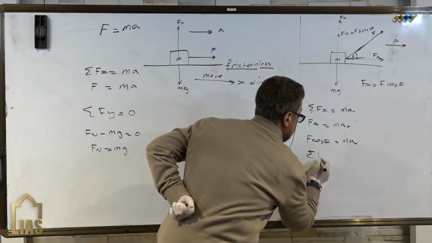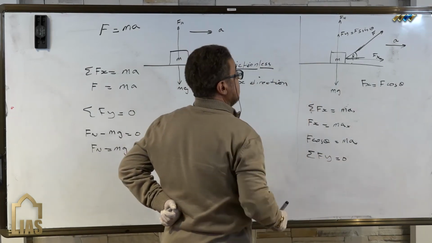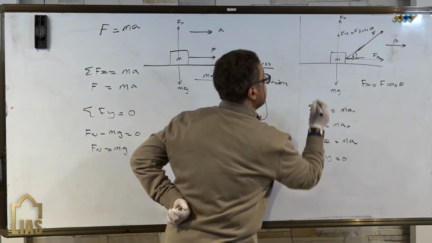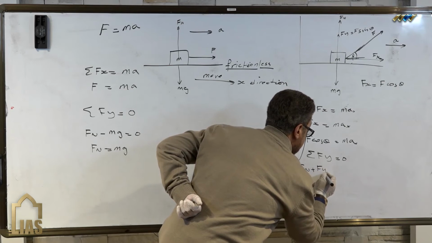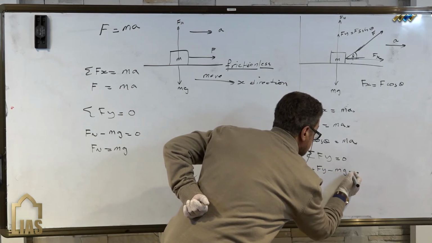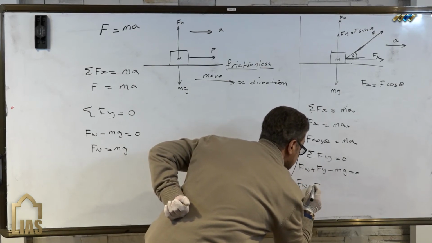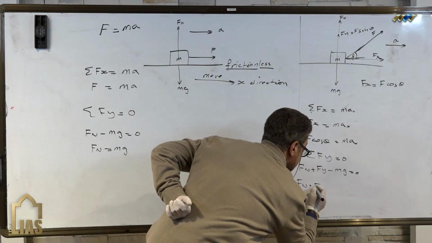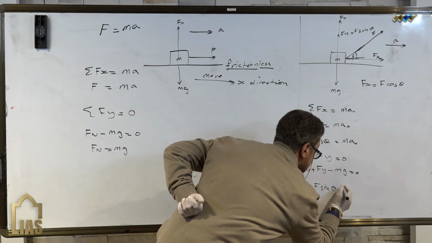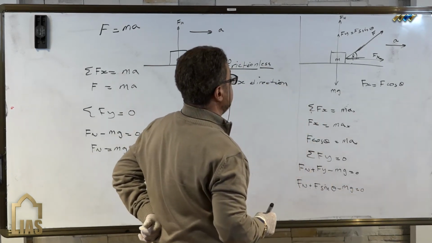Sigma Fy is equal to 0, there is no movement here. We have Fn plus Fy minus mg equal to 0, or Fn plus F sine theta minus mg is equal to 0, and we can solve for this.